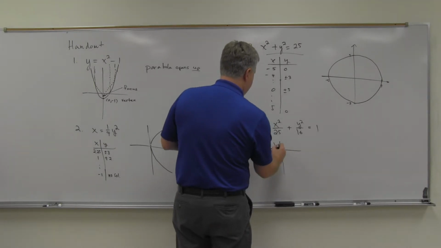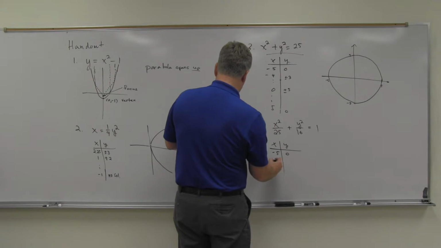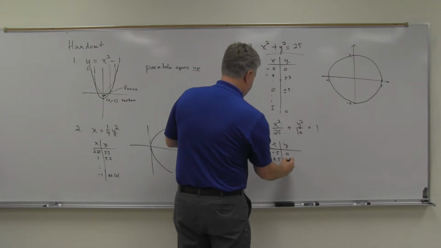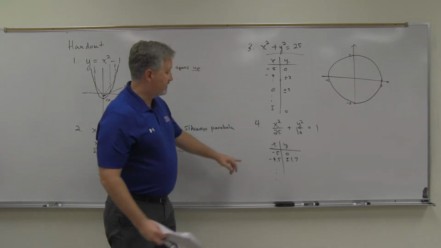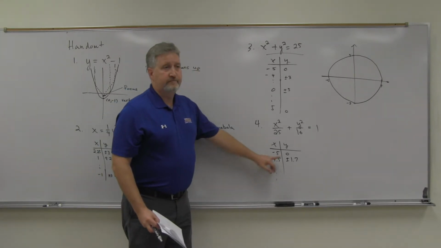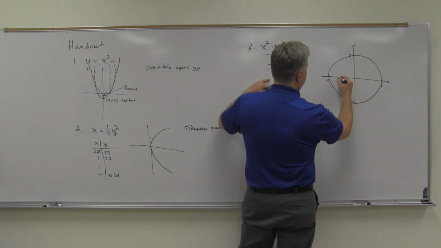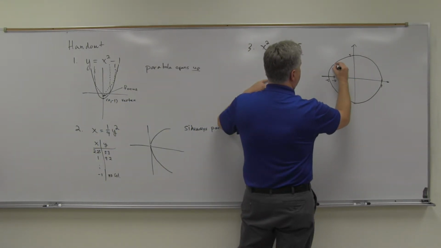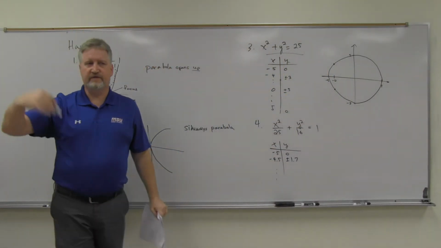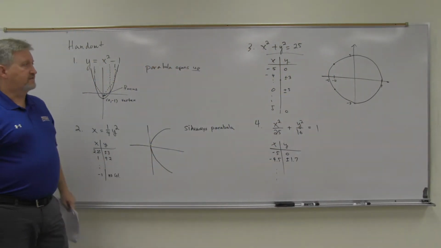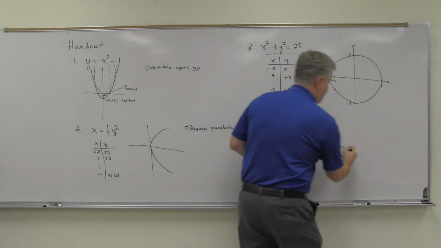But when we do the table, again, on most of the x values I picked out, I'm going to get 2 y values. So here I've got -4, +3, and -3. I've got 2 y values for each x value. Same thing happens here, but what shape does that give me?